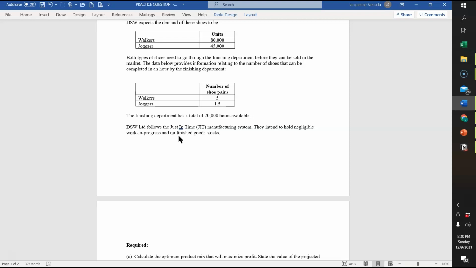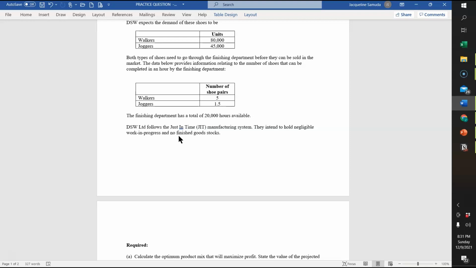Now, again, that slide talked about identifying the most profitable product. Because we're only dealing with two products, walkers and joggers, we talk about the more profitable of the two. So what it is suggesting is that we have to choose which one to focus on.